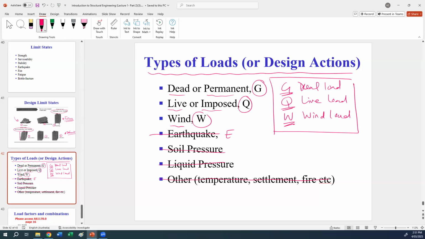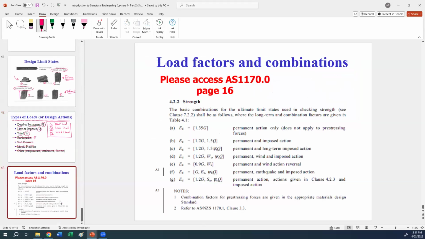These are the loads we will be using. And in the last step is the example of load factors and load combinations from 1170.0. Please have a look at 1170.0, which gives us the load combinations.